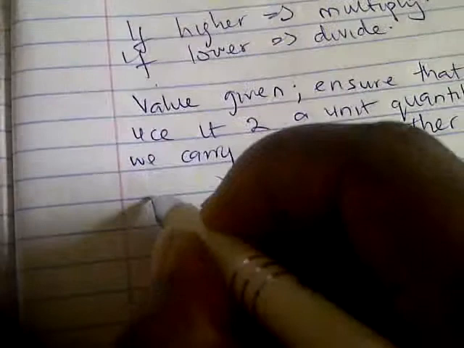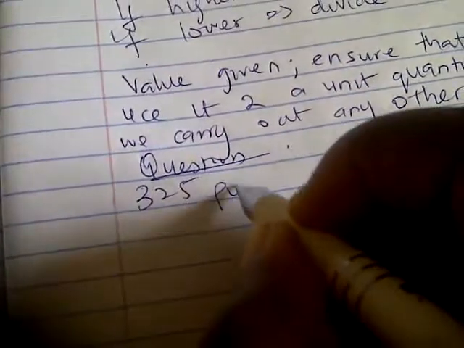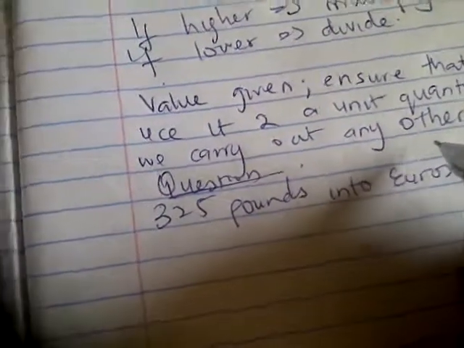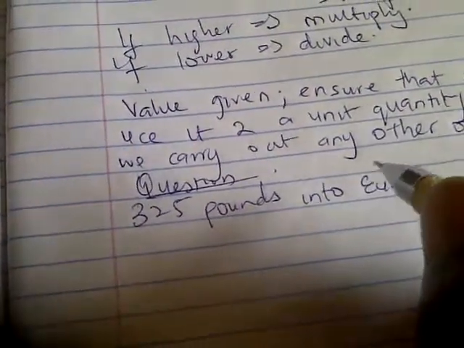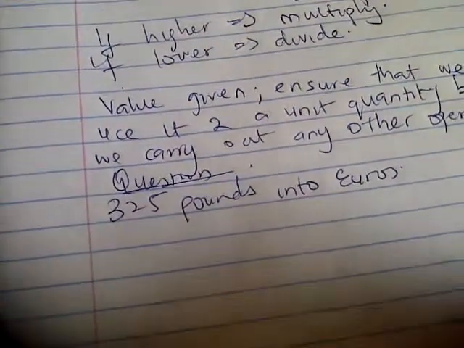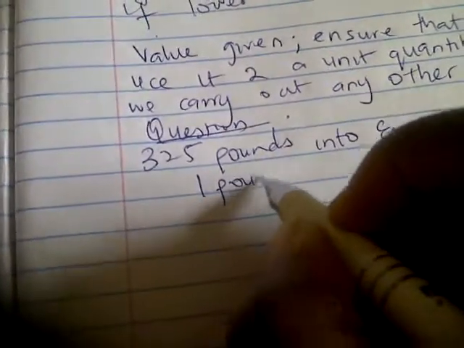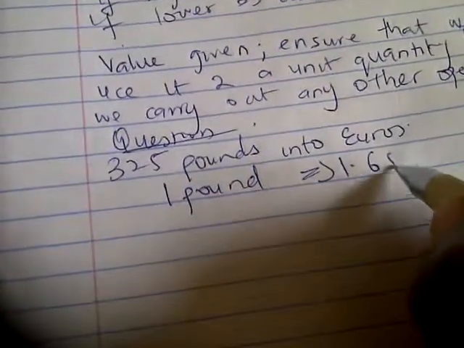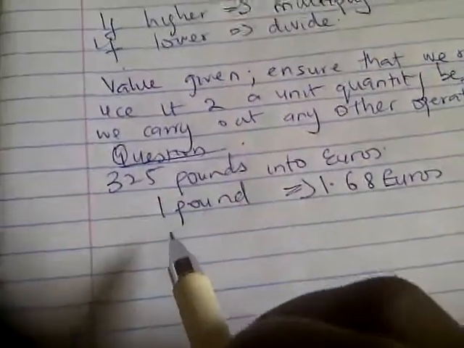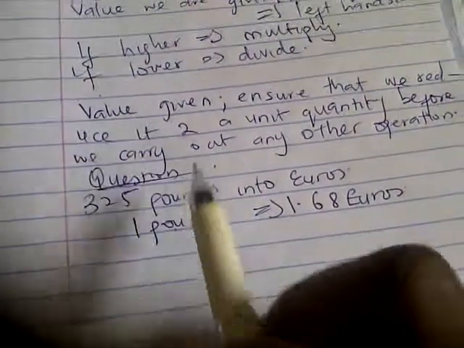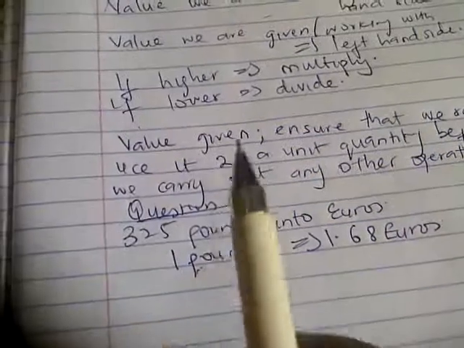We were told that she changed 325 pounds into euros, and the exchange rate was for £1, you exchange for 1.68 euros. That's £1 equal to 1.68 euros. Now the third rule says that you have to ensure that the given quantity is reduced to a unit value first.